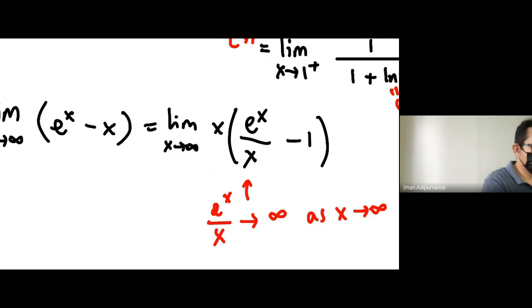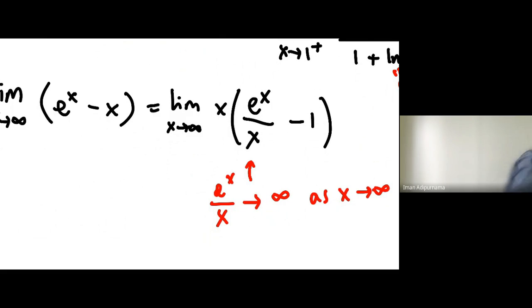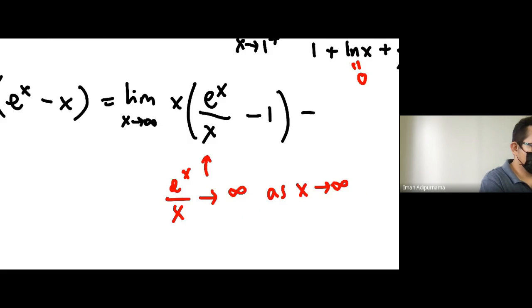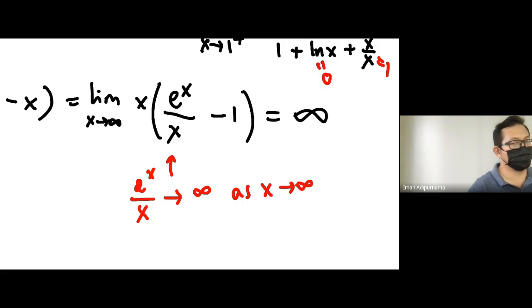So we will have a product that will be growing really, really fast. This is faster than x, and you will see that the difference is really wide. We can be pretty sure that e to the x over x will go to infinity. So we have the answer that this will be infinity.